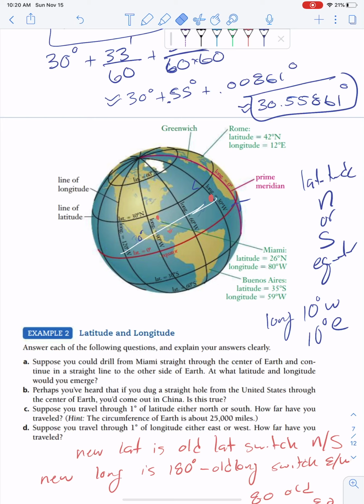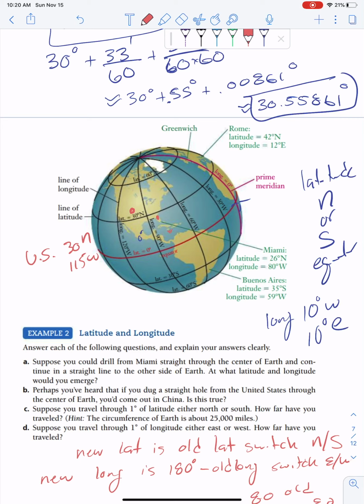All right, so the United States is, let's just pick right here at the center of the United States. That's probably not quite the center, but we are at about 30 degrees north, and our longitude is what? We'll say 115 west.